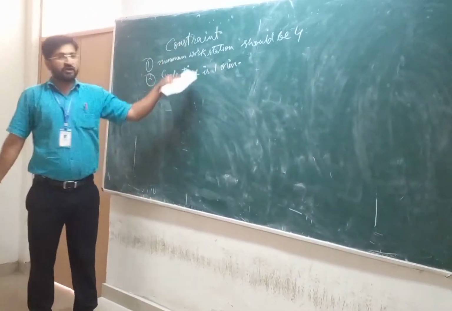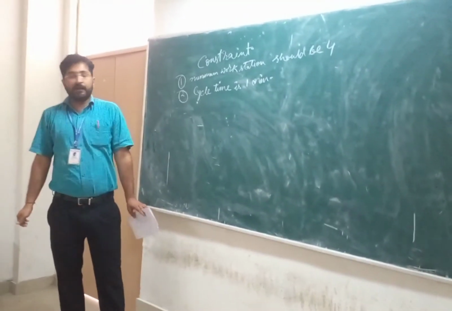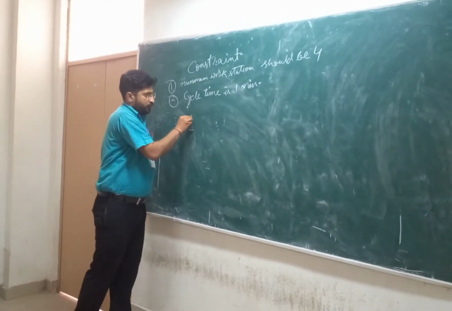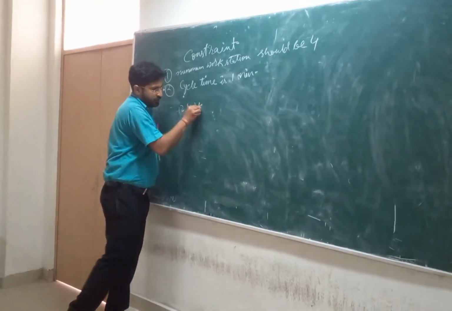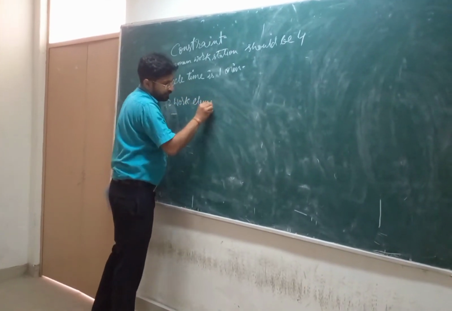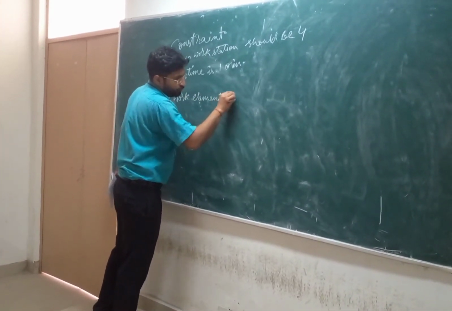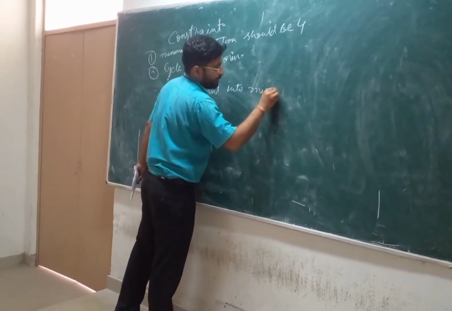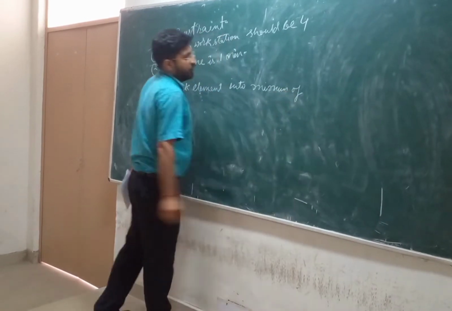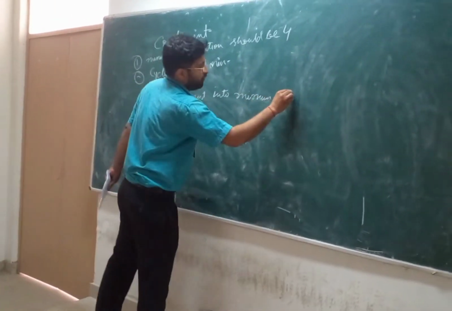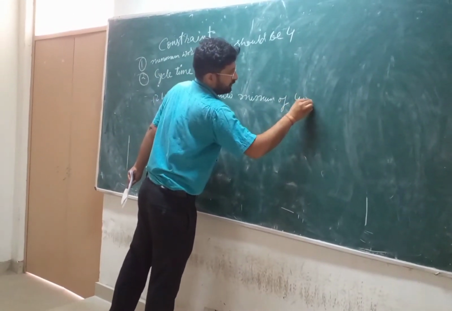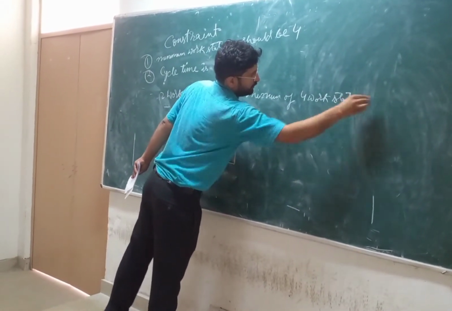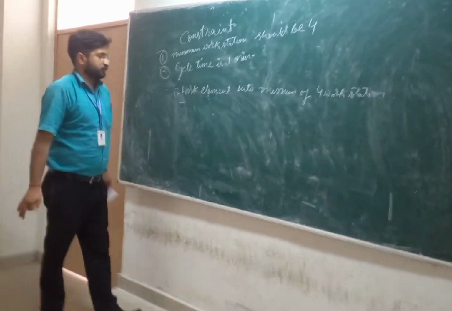With these two constraints we will allocate the 12 work elements into a minimum of 4 workstations.